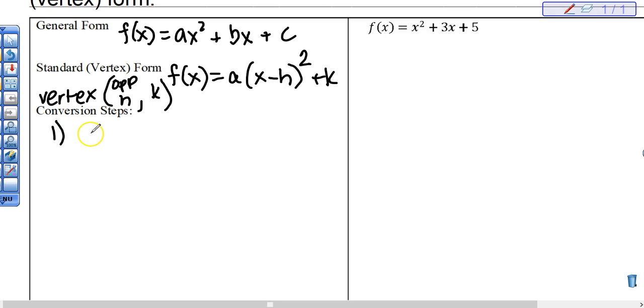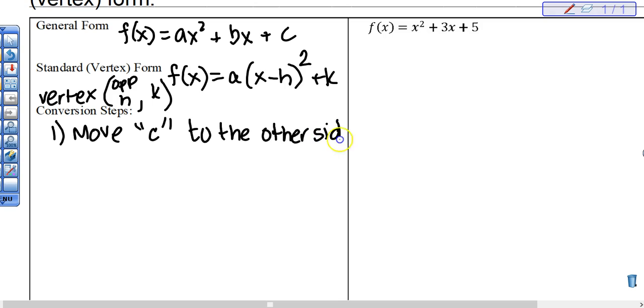Step 1. We are going to move C to the other side, so we can get the C out of the way, just like we did when we were doing our circles.